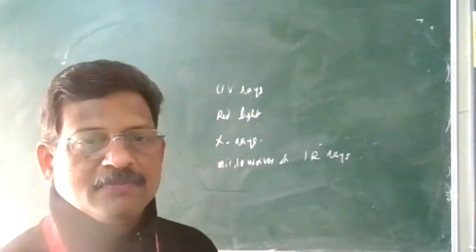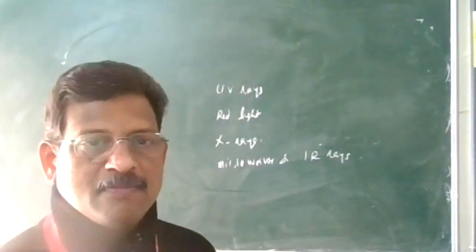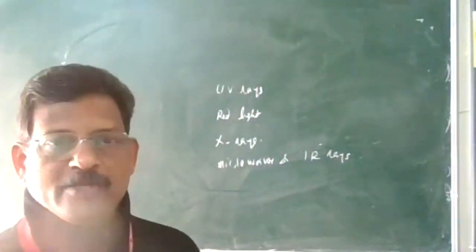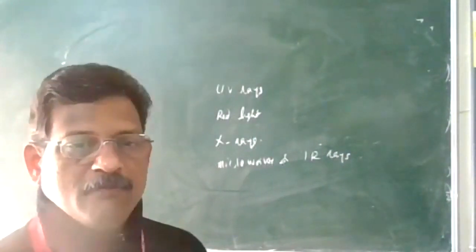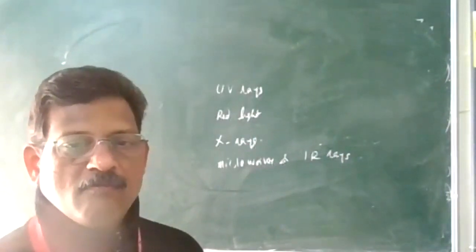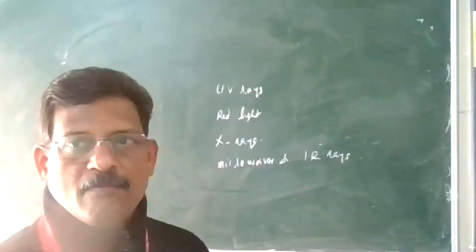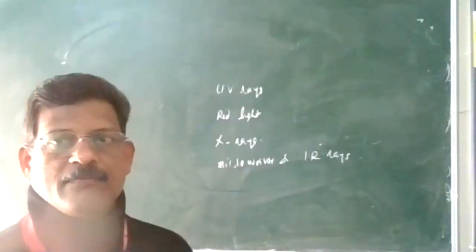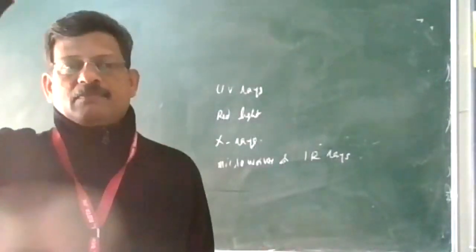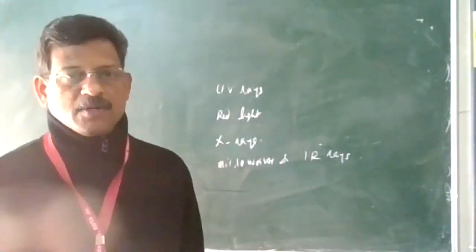Can you arrange it? Out of that, which one is having greater wavelength? Can you say? Which one is having greater wavelength? You remember the order? Radio, microwave, IR, visible, UV, X-ray, gamma.